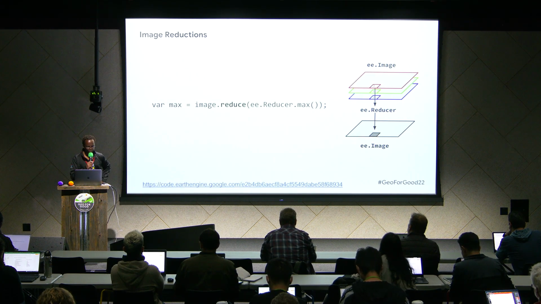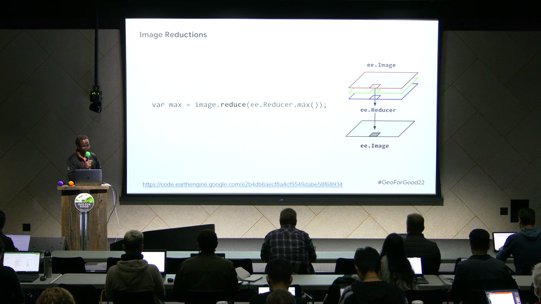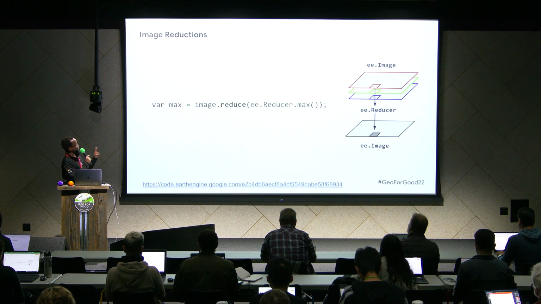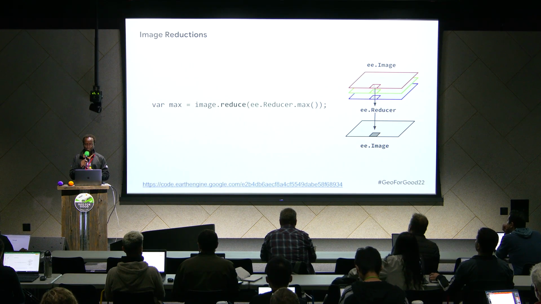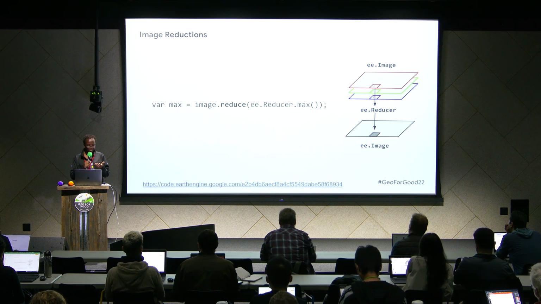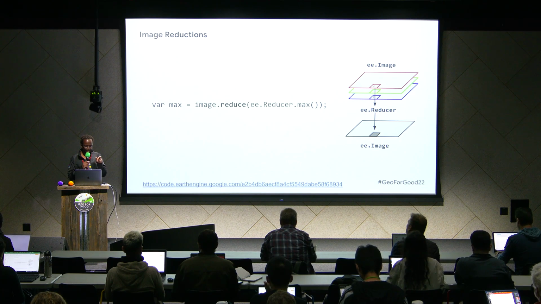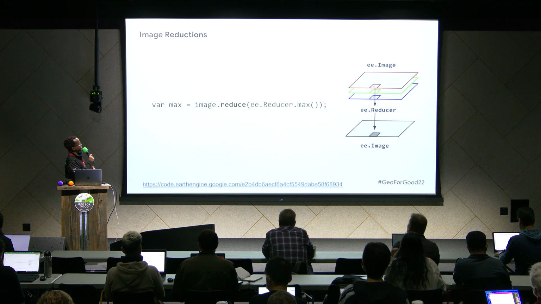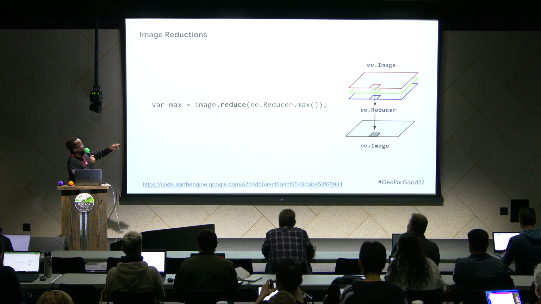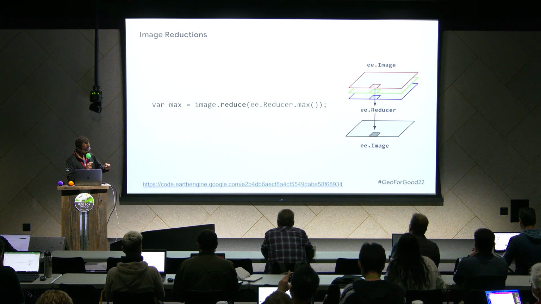All right. So to reduce an image, use image.reduce. This applies a reducer to all of the bands of an image. The reducer will be called at each pixel to reduce the stack of band values. And the output image will have one band for each reducer output. So in this example here, we have an image with multiple bands, and we're using a max reducer.